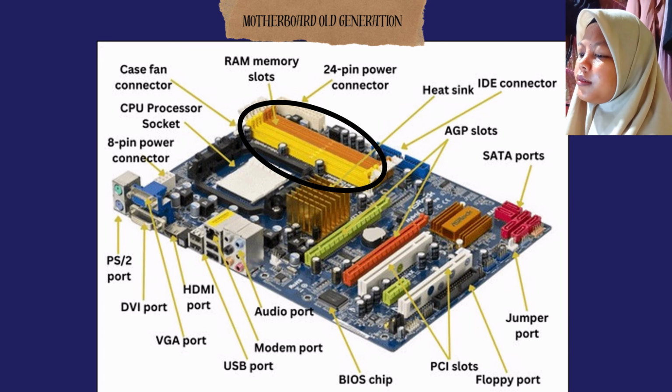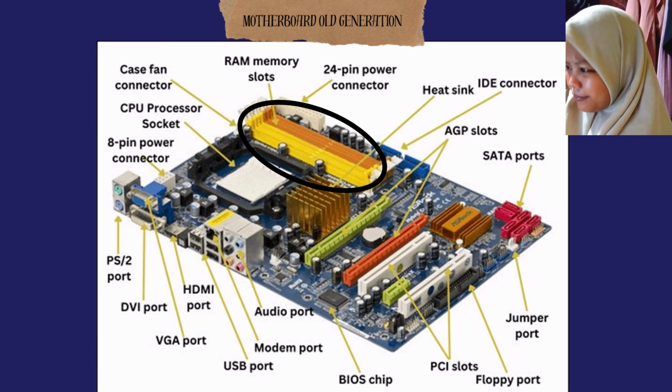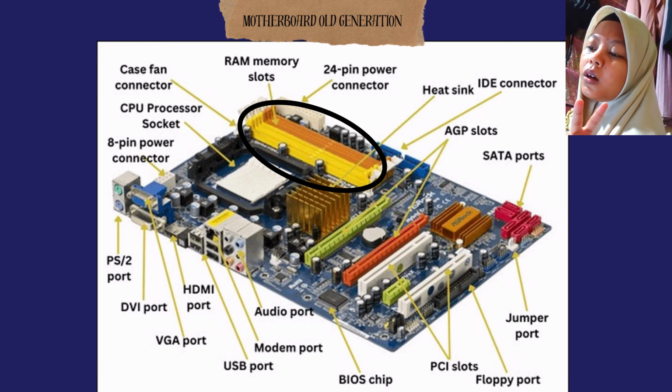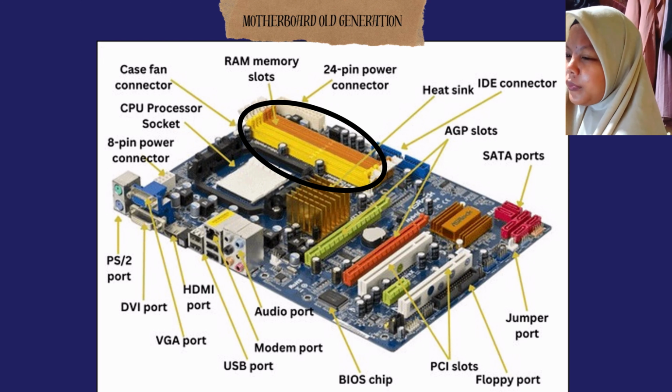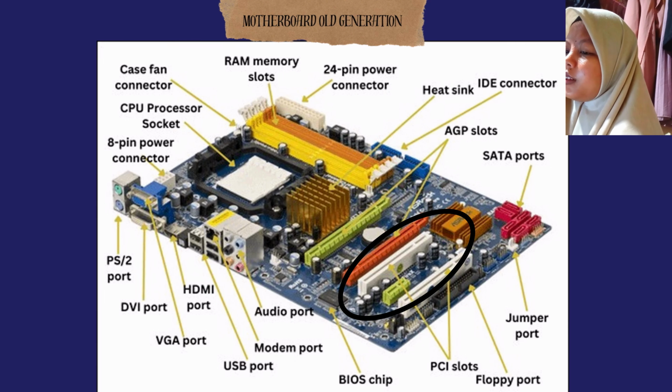RAM memory slots are typically to the right of the CPU socket, vertically aligned. Usually, two to four slots are available. The GPU, or graphics card, is installed in the PCIe expansion slot, usually the longest slot at the middle bottom section.